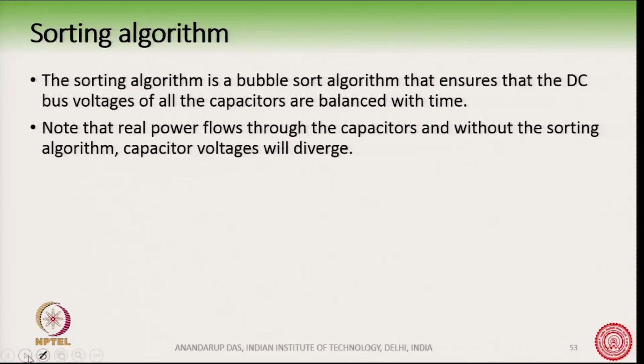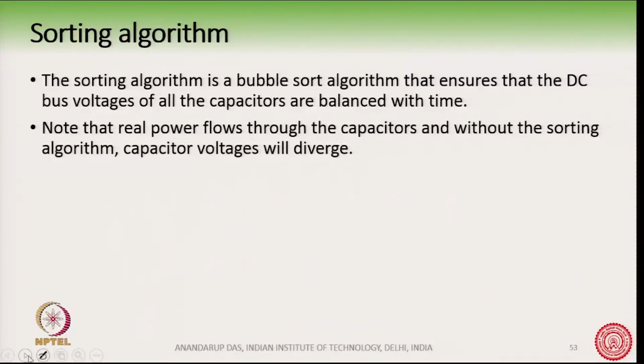Now, next comes what is called the sorting algorithm. So, why is the sorting algorithm needed? The first thing is we have understood that the arm voltages are made up of capacitors and real power is flowing through the capacitors, and without some kind of a sorting algorithm the capacitor voltages will diverge. So, the sorting algorithm ensures that the DC bus voltages of all the capacitors are balanced with time.